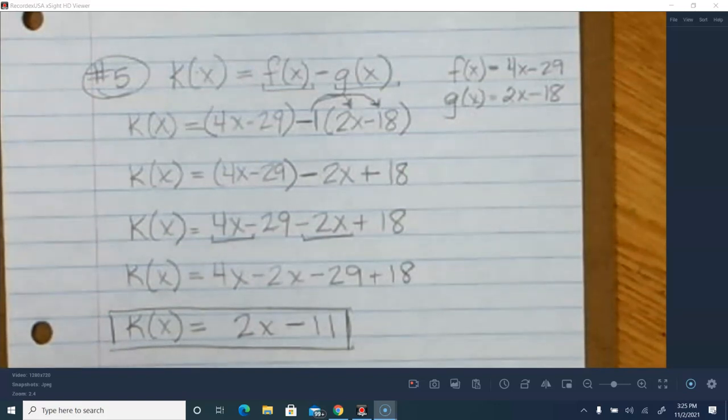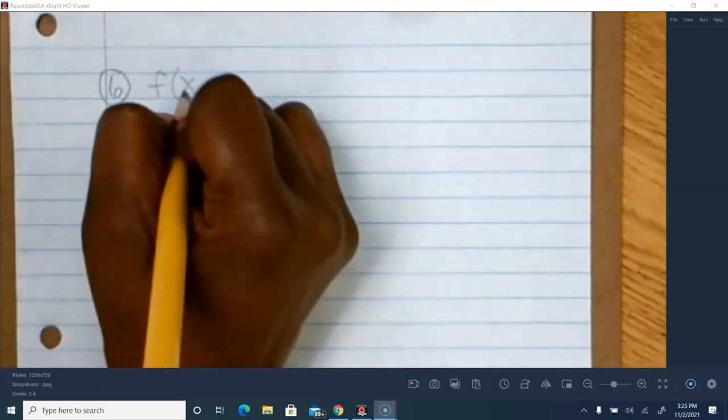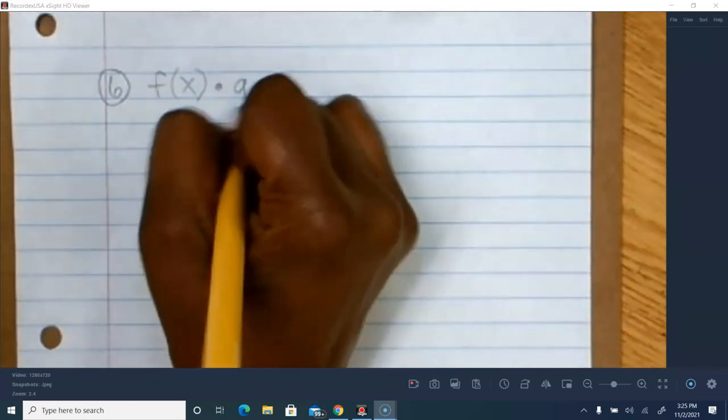All right, so the last one that I am going to do is going to be number 6. For number 6, we are asked to find f of x times g of x.